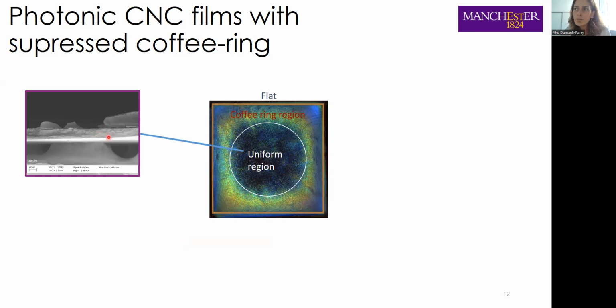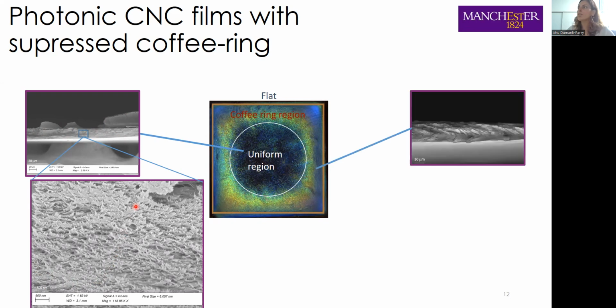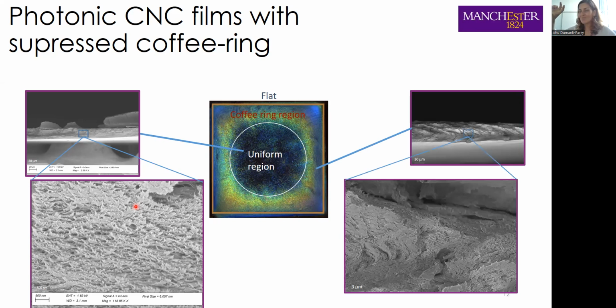But when we look at the microstructure, we see the middle of the film is quite regular. And it gives us very uniform pitch that is close to blue everywhere. But when we look at the edges of the film, we see this compression is taking place, and we also see the formation of this area is giving us an axis of symmetry and folding of the chiral layers, basically.